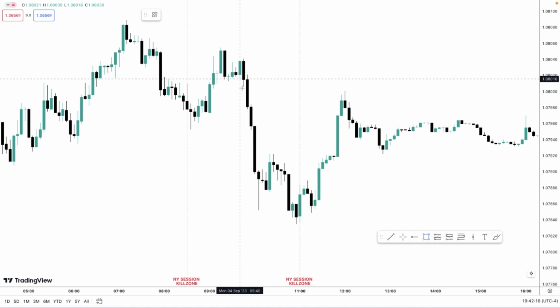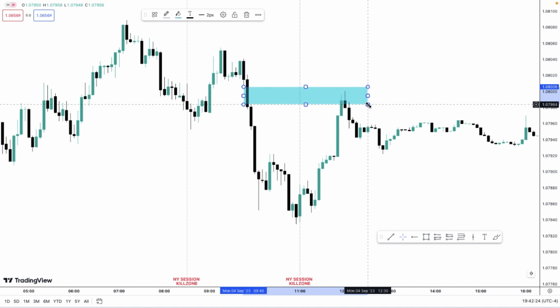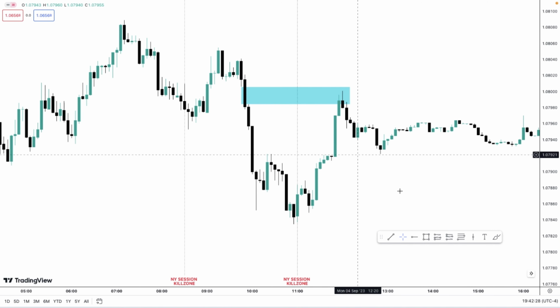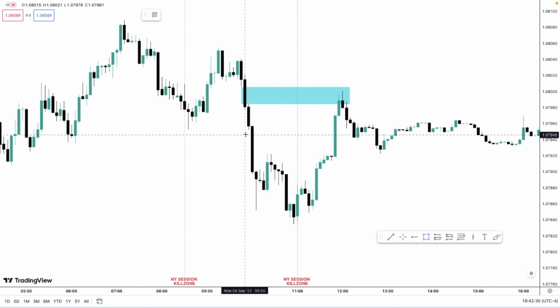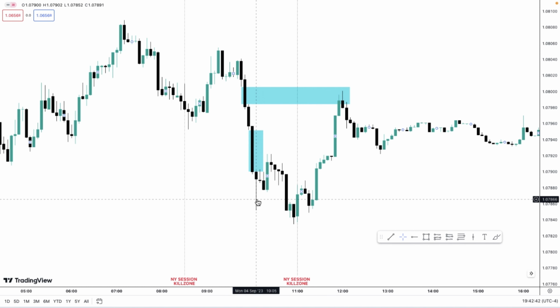It created an imbalance here, another imbalance there, and the second fair value gap here. When I refer to imbalance, I'm referring to fair value gaps.